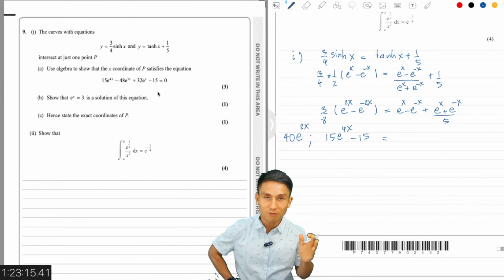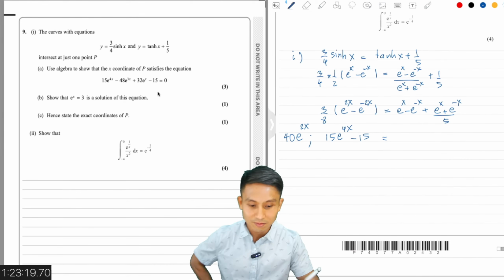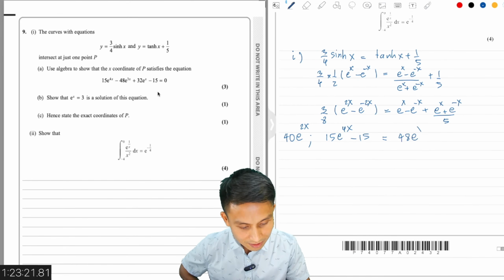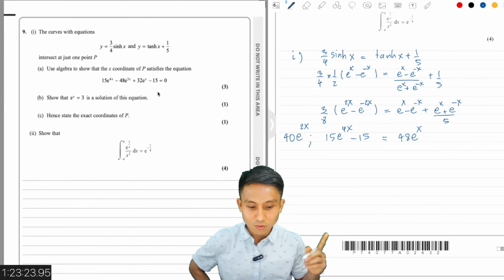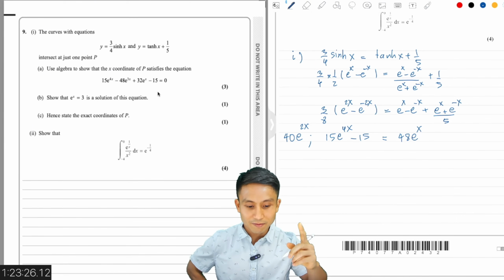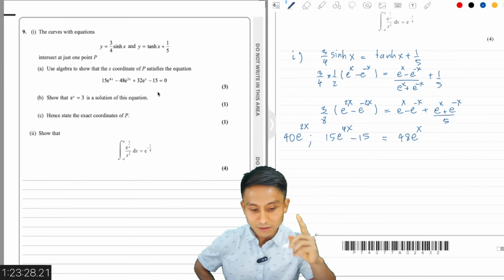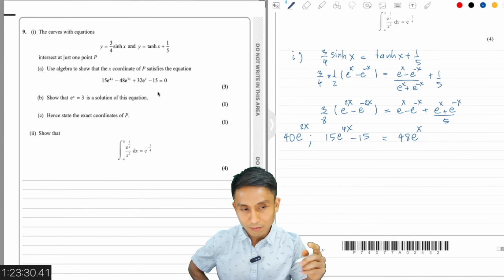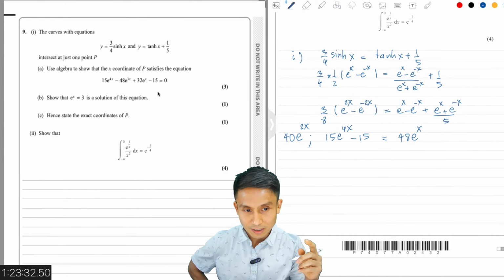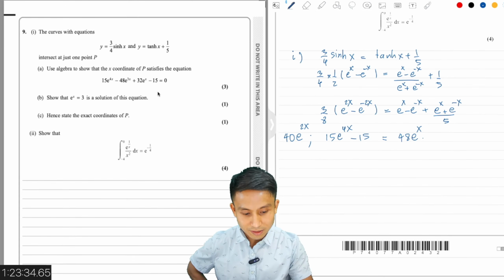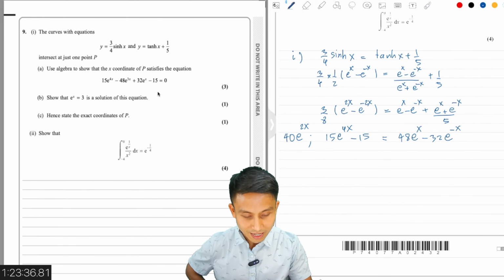6/5 multiplied by 40 would be 8 times 6, so that's 48e^x. The other one, minus 1 plus 1/5, so it would be minus 4/5. Minus 4/5 times 40 would be minus 32e^(-x), right?